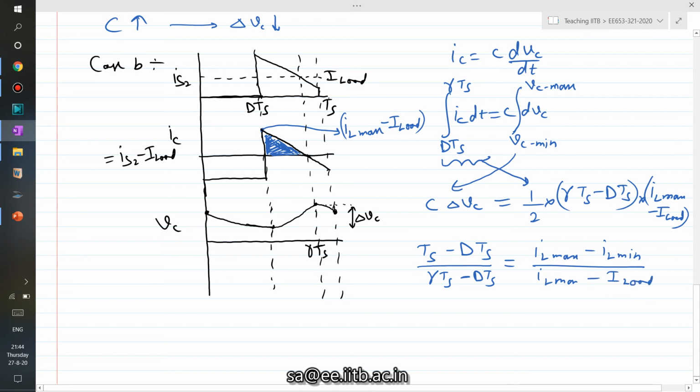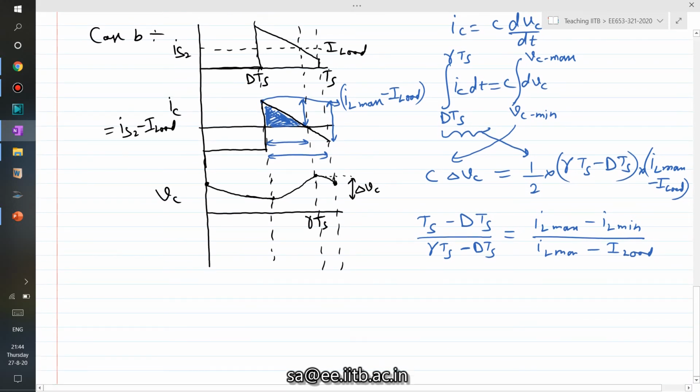So what is this? Let me just quickly show you in the graph. So we are doing this length, which is Ts minus dTs, upon this length, is proportional to this y-axis length upon this y-axis length. Right? So we are using the basic triangle property to find the value of gamma Ts minus dTs. Let me just rearrange this a little bit.